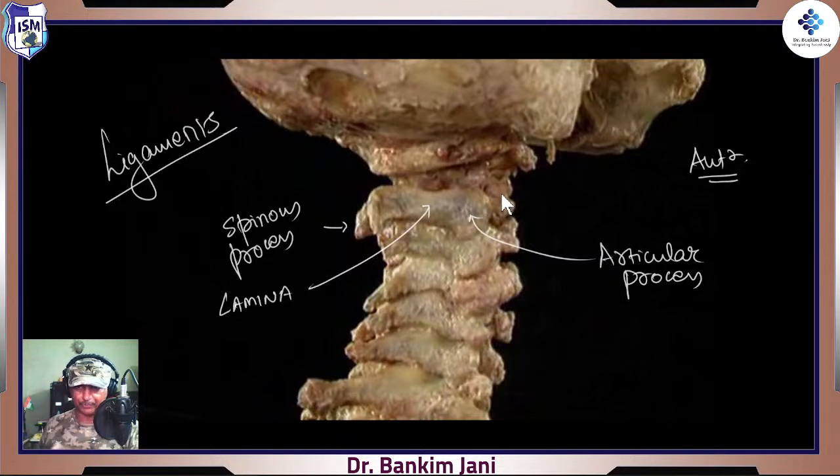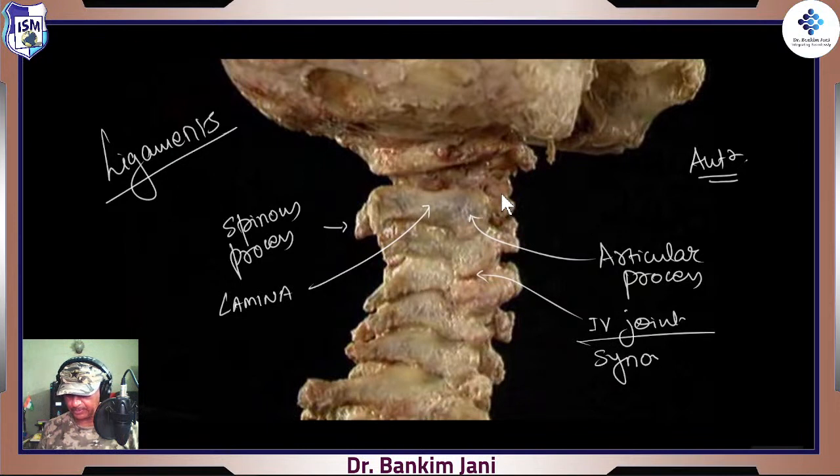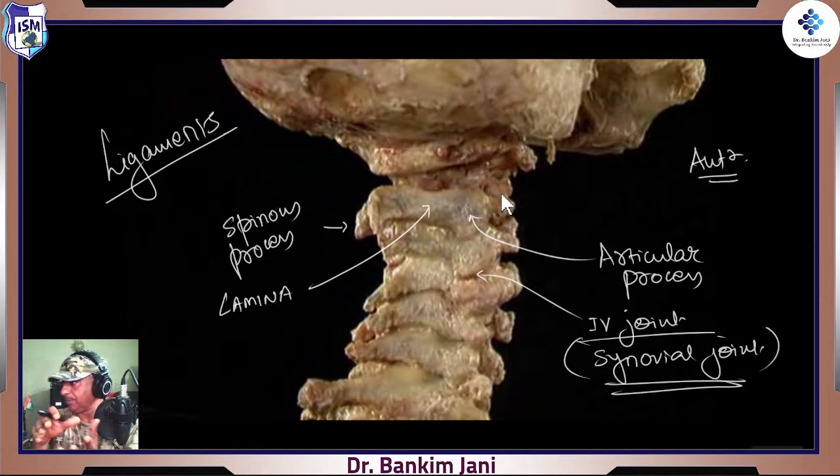So that's how everyone would be connected. And that's what we saw. That is the intervertebral joint, right? Now these joints are synovial joints. When we say synovial joint, that means there will be a capsule.